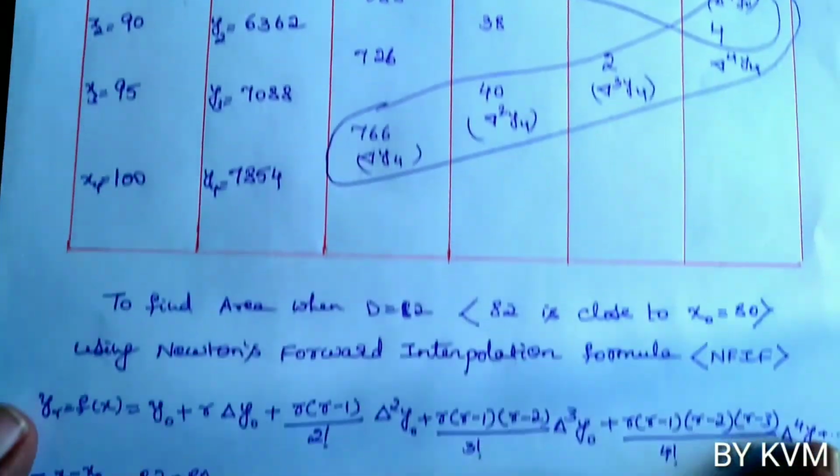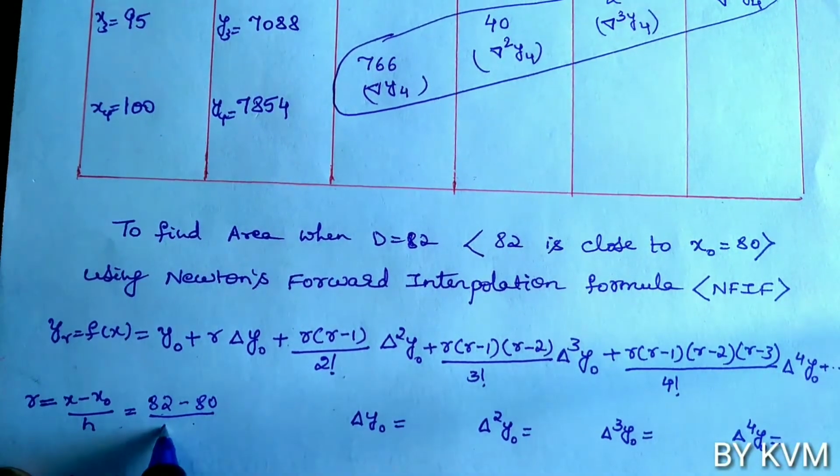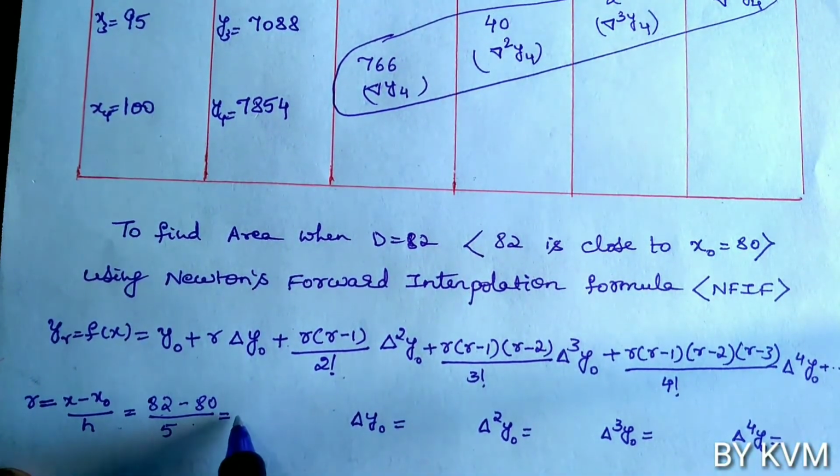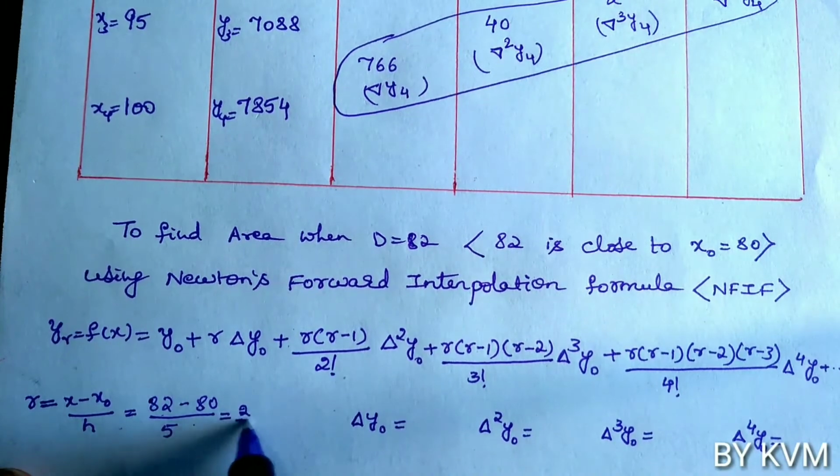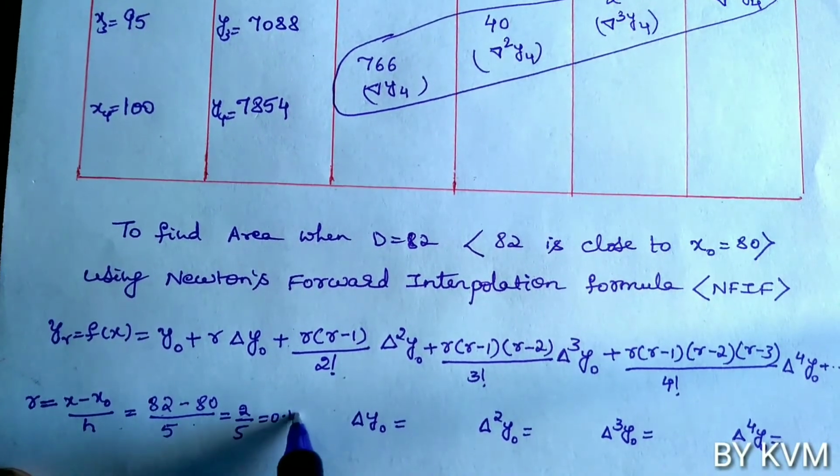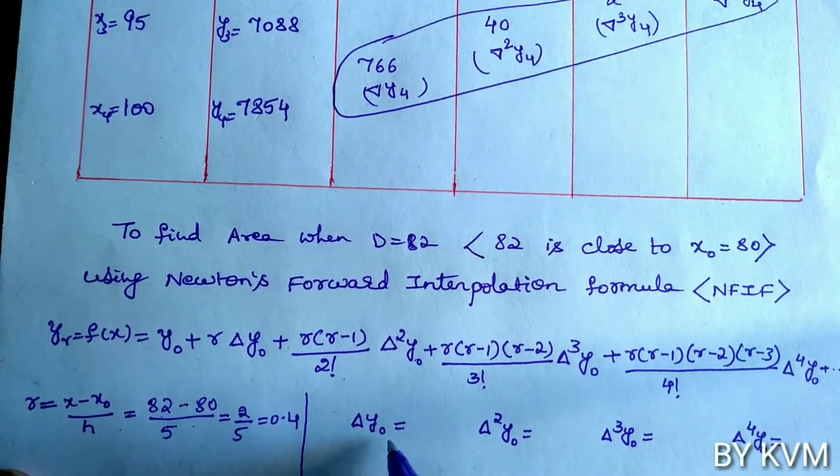So the common difference is 5. So that is 2 by 5, which is 0.4.